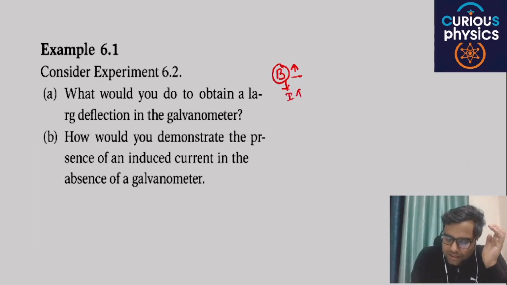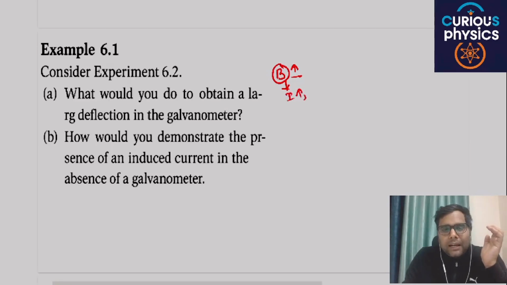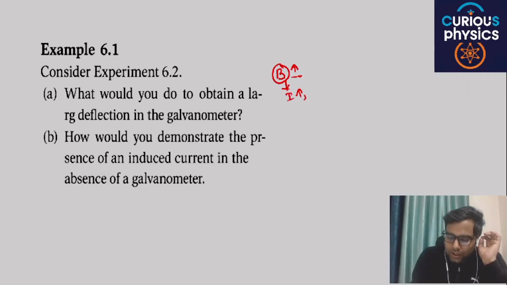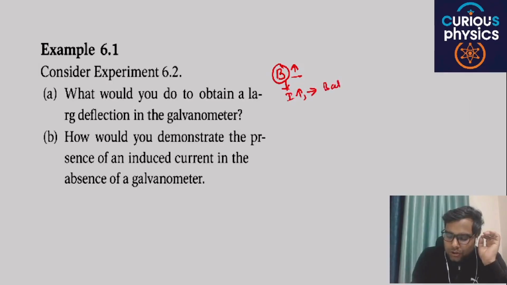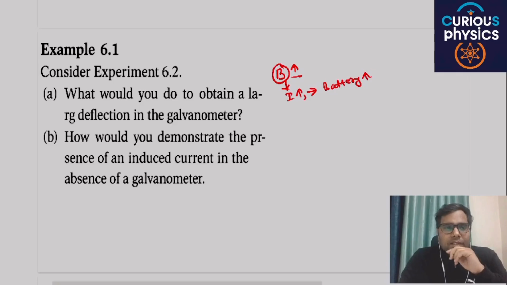If you increase the current, then the magnetic field is also increased. According to the Biot-Savart law, magnetic field is mu naught I, directly proportional to I. So for this you have to increase the potential difference, or use a battery which can provide a high potential difference.